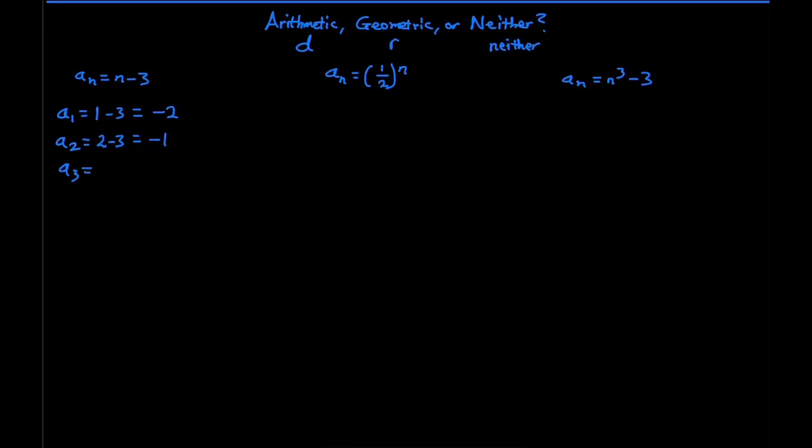You put a 3 where the n is, so now you have 3 minus 3. This is 0. And then that's normally enough, but let's go and find one more. So here's a4. And you put a 4 where the n is, just starting over again. Subtract 3, and this is 1.